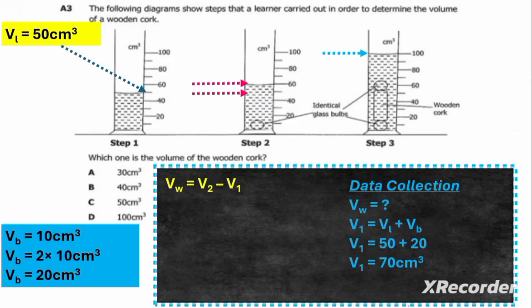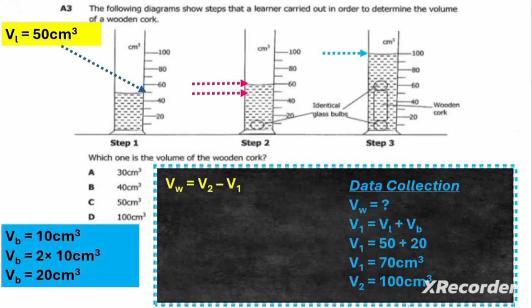So this is our volume 1. After immersing the wooden cork, the volume rose again from 60 to 100. So 100 is our volume 2.